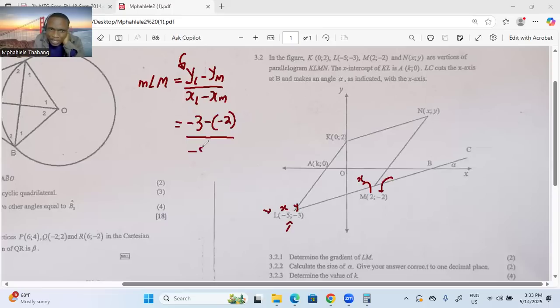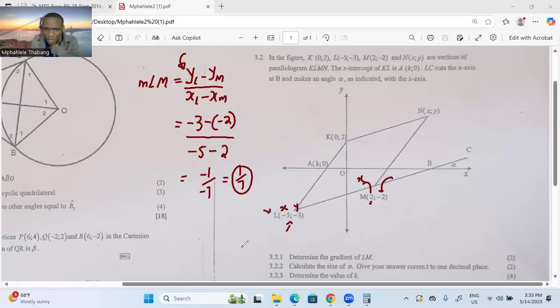So you say -5 minus, you subtract x at M, which is 2. So you will find the gradient of LM, which is -3 plus 2, it's -1, so it's -1 over -7. So the gradient is 1 over 7. It was a giveaway.